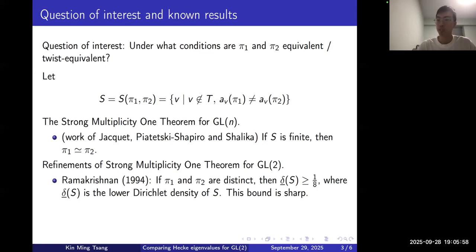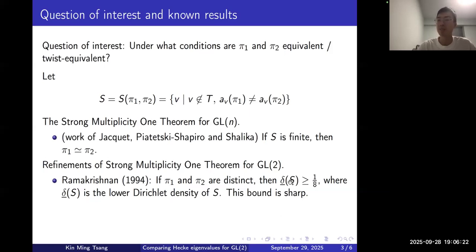Now we can say more about it. We have some refinements for GL2. Ramakrishnan in 1994 showed that if π1 and π2 are distinct, then the lower Dirichlet density of this set S has to be greater than or equal to 1/8. And the bound is sharp.